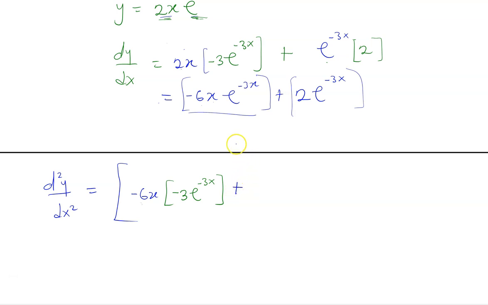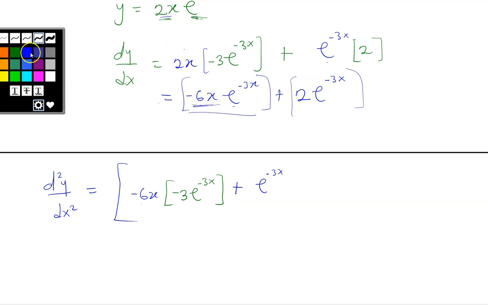Let's move on. So at this time, you are going to hold this one, the e^(-3x), and we differentiate the negative 6x. If you differentiate negative 6x, what do we get?